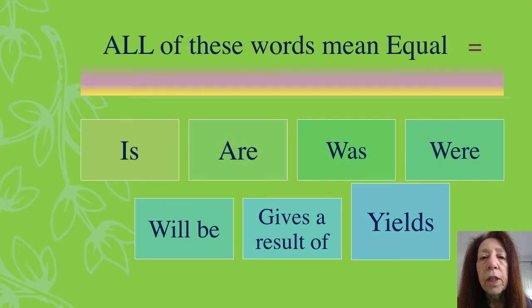We're now going to finish up with parentheses and equal. So first, equal. All of these words mean equal: is, are, was, were, will be, gives a result of, and yields.